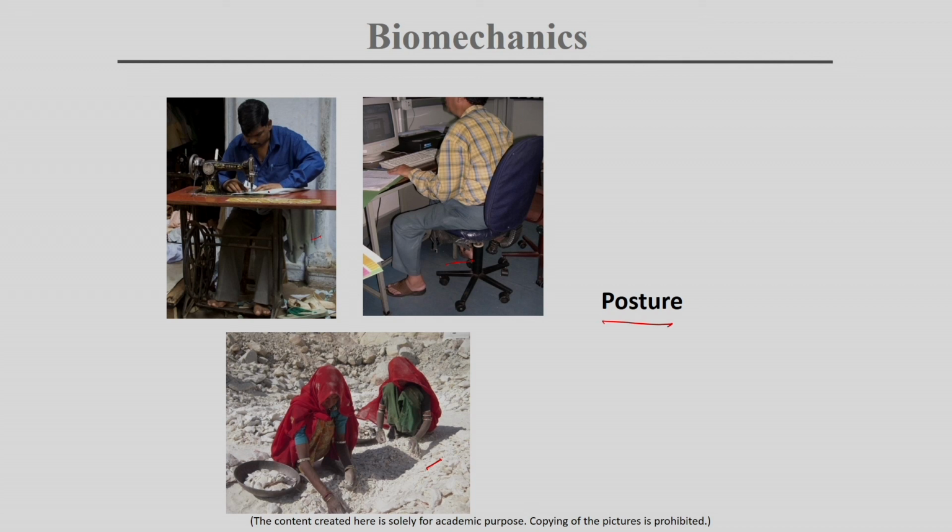In this case, this product is demanding this, and this person is adapting to make it more efficient. In this case also, this person is trying to view this thing, so he is adapting such a posture, and also the height of the table and chair is not compatible enough so that they can be of the same height. Then this bending won't happen.